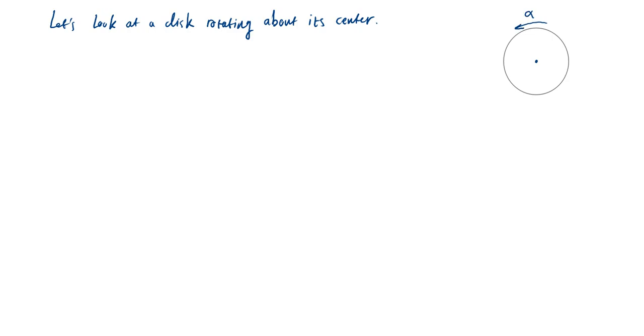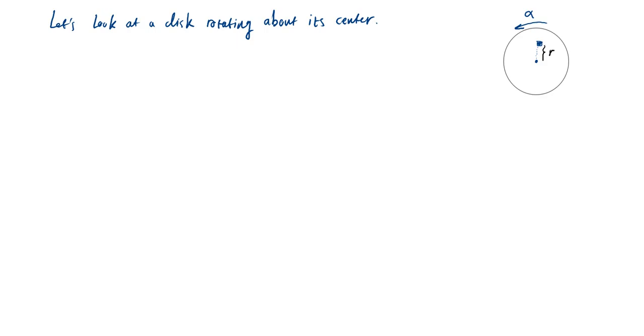Now, looking at a small element of this, we look at just the small mass element, and it's at some distance r from the center. So this is the distance of some small element of this disk.